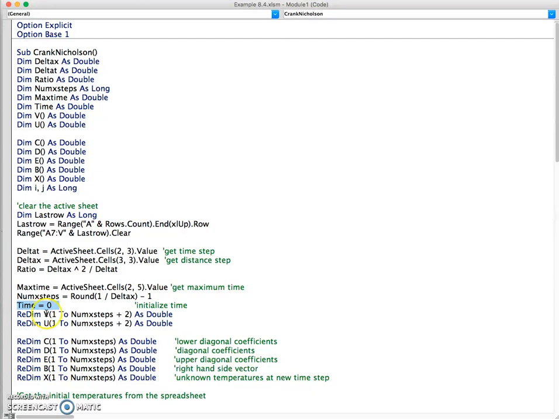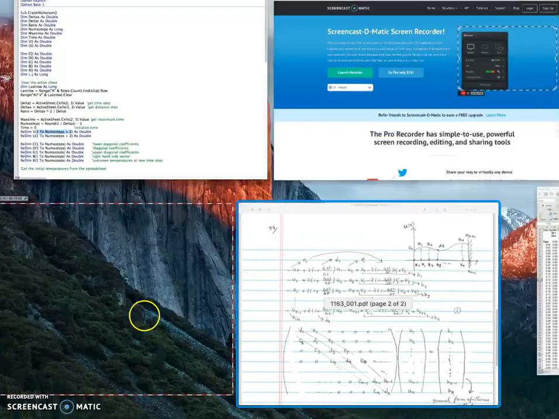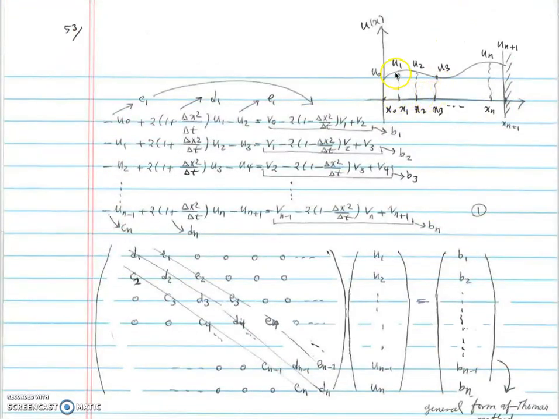Re-dimensionalize v vector and u vector. Note that these go from 1 to n plus 2, and the reason is, look at this figure, you see that we have n intermediate points, from u1 to un. We have two boundary points, u0 and un plus 1. But the important point is, in VBA, we cannot have 0 index.